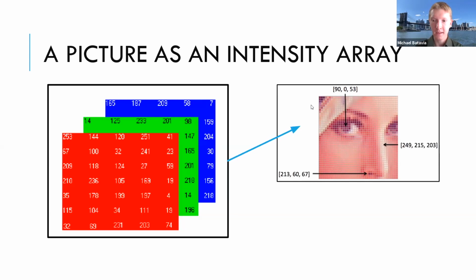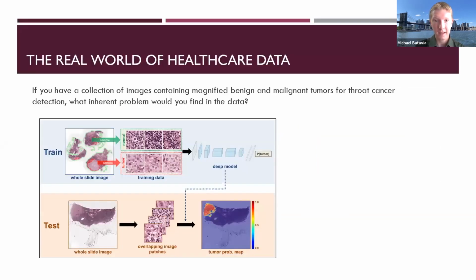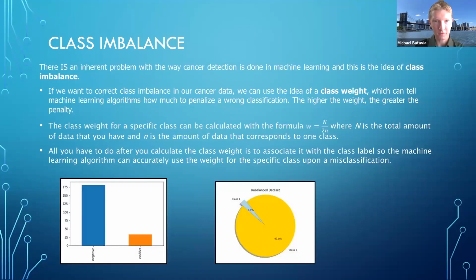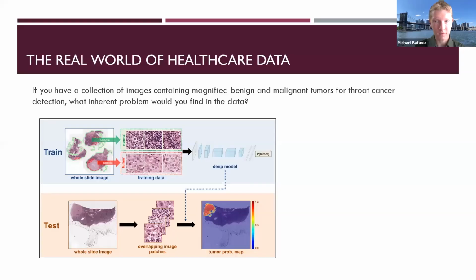And because an image is made up of these 3 channels with each of these pixel measurements, we can exploit that and use that to our advantage, because machine learning likes numbers, and we need to use numbers for our neural networks. And we'll get to that in a second.